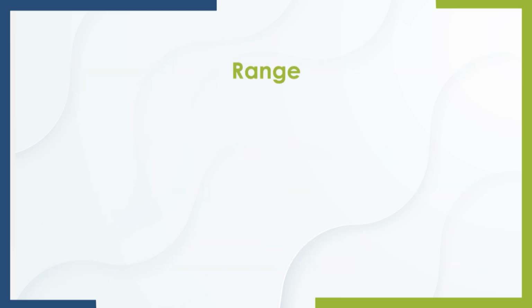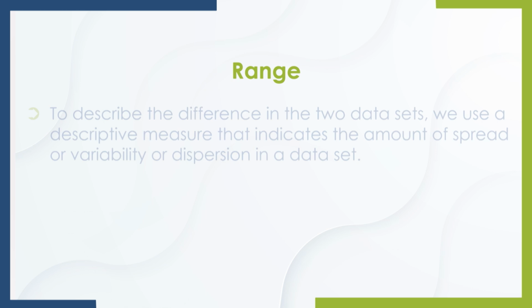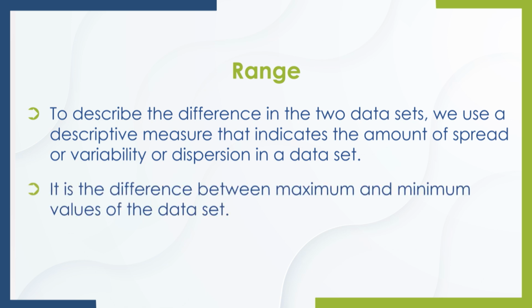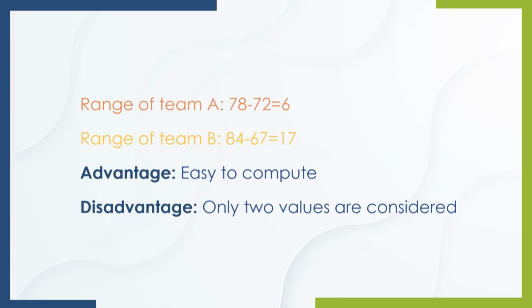First, we will calculate the range for these scores. To describe the difference in 2 data sets, we use a descriptive measure that indicates the amount of spread or variability or dispersion in a data set. It is the difference between the maximum and minimum values of the data set.